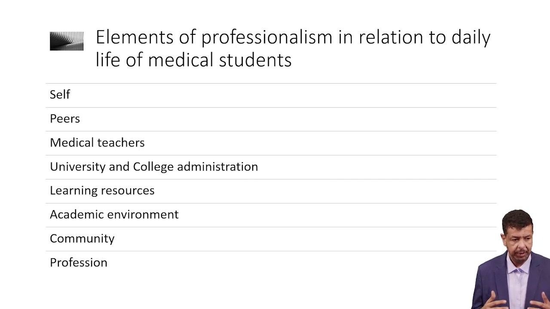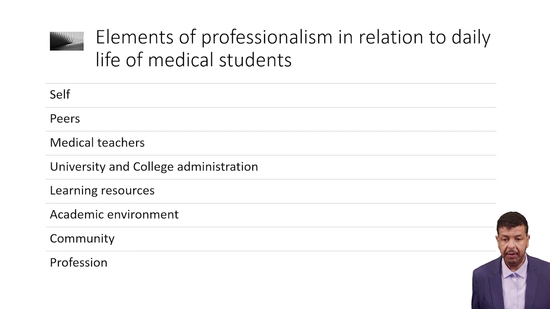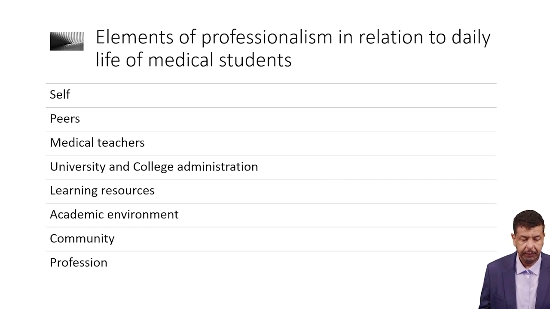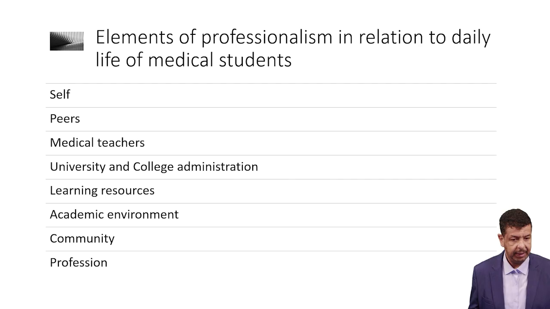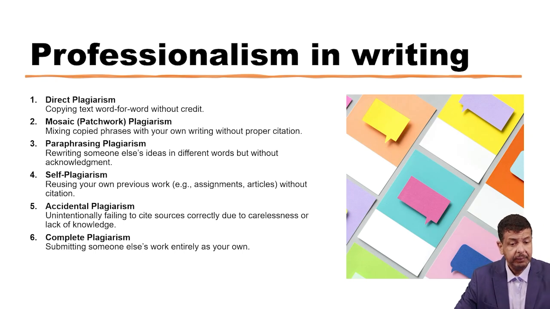I'm going to talk about them in the rest of the presentation, starting with doing assignments and writing and avoiding plagiarism. Plagiarism is a sort of academic misconduct. Let us start with plagiarism and professionalism in writing, and explore the different types of plagiarism.